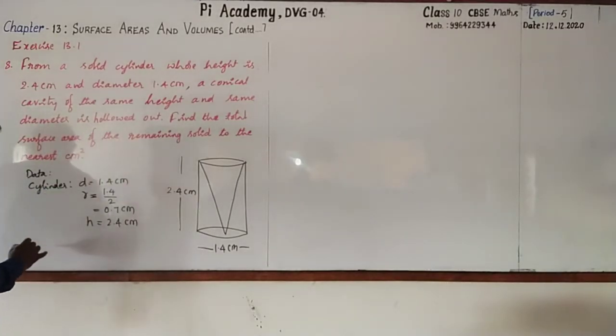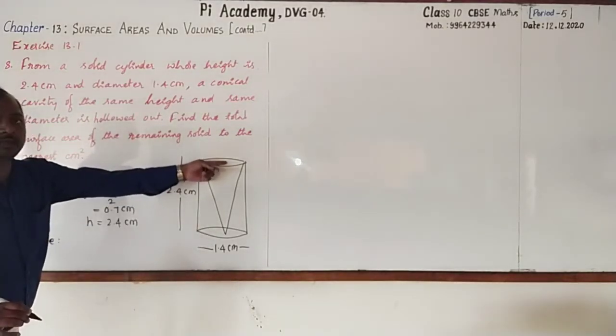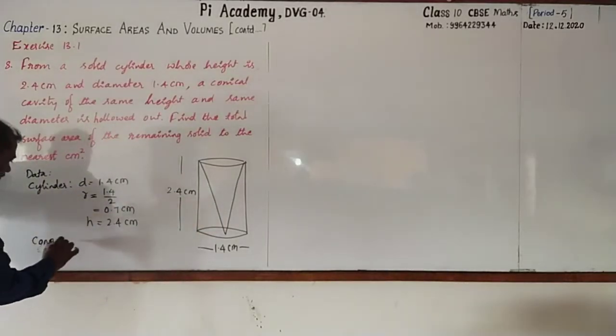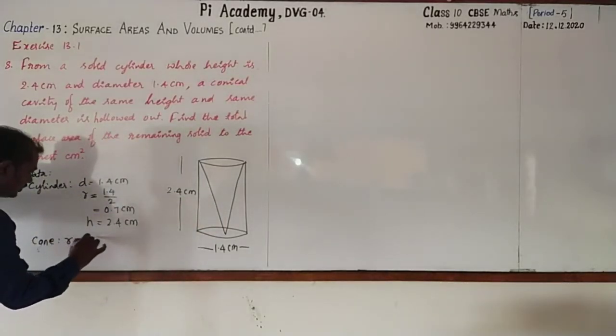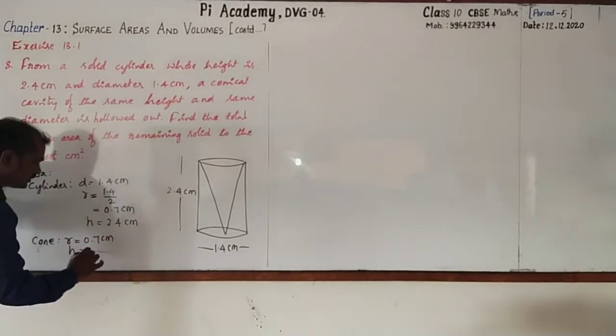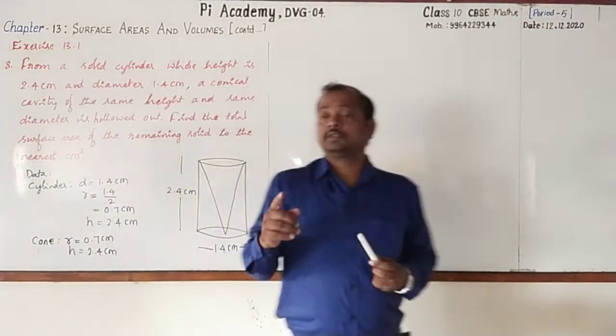Next, with respect to the cone, it is the same radius, because the diameter of the conical cavity and the cylinder are both the same. So I'll write r equal to 0.7 centimeter. Height of the cone is the same, 2.4 centimeter.